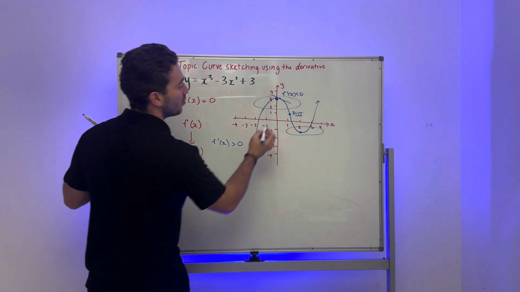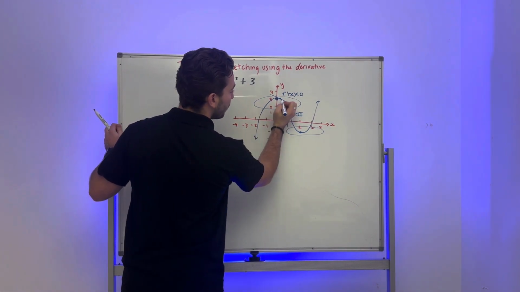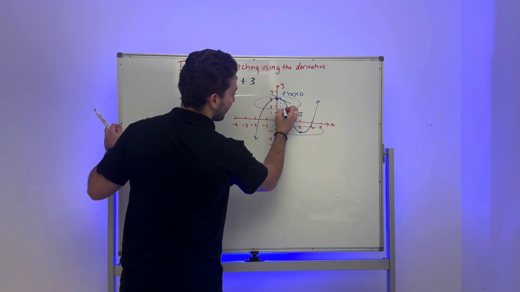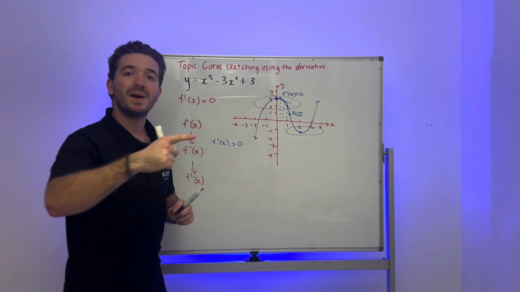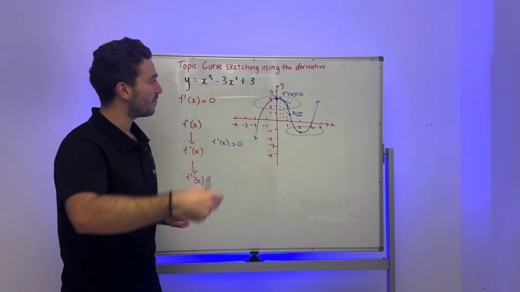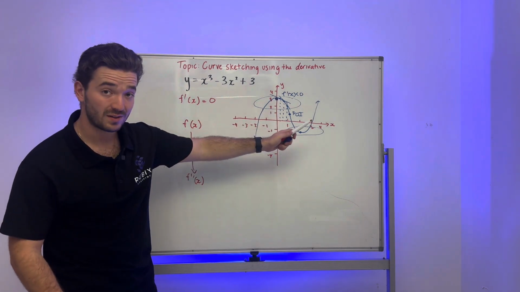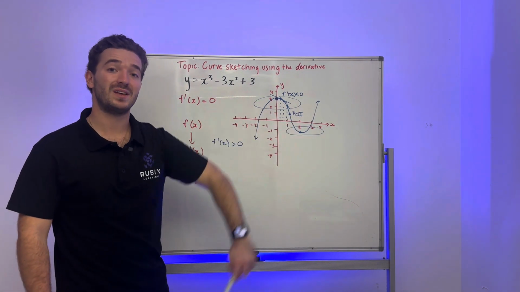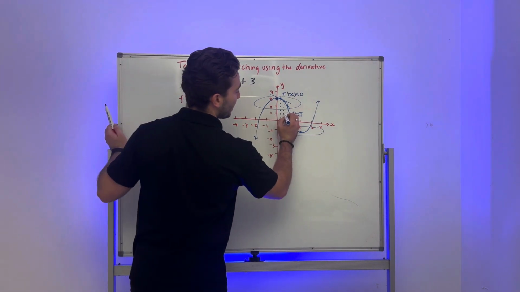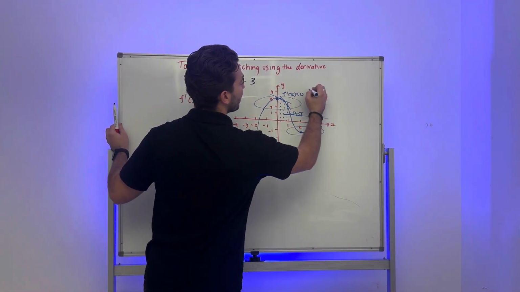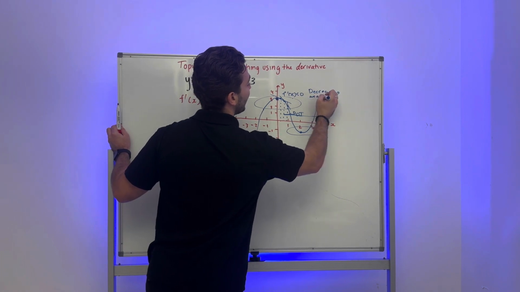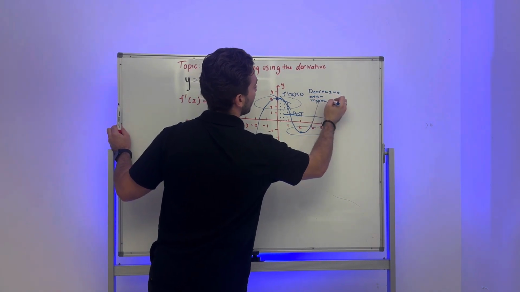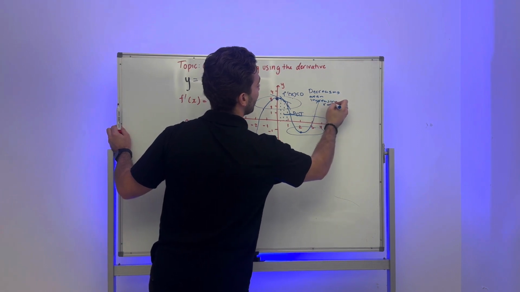As my function continues to decrease, the jump between every x value would look something like this. But do you see how the slope is getting steeper and steeper, but at a faster rate? That means we are decreasing at an increasing rate. So everything up until this point here, I would say we are decreasing at an increasing rate.